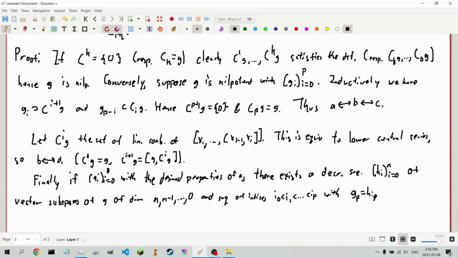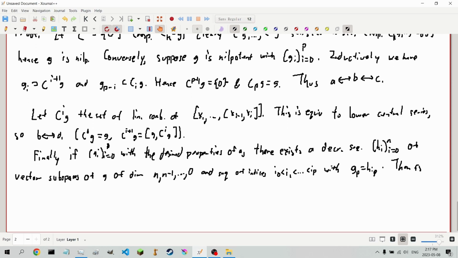Essentially what we're doing here is our G_i has to contain G_(i+1), and so it's going to be some dimensions lower as you go on. And so you just break that quotient down dimension by dimension, like this.